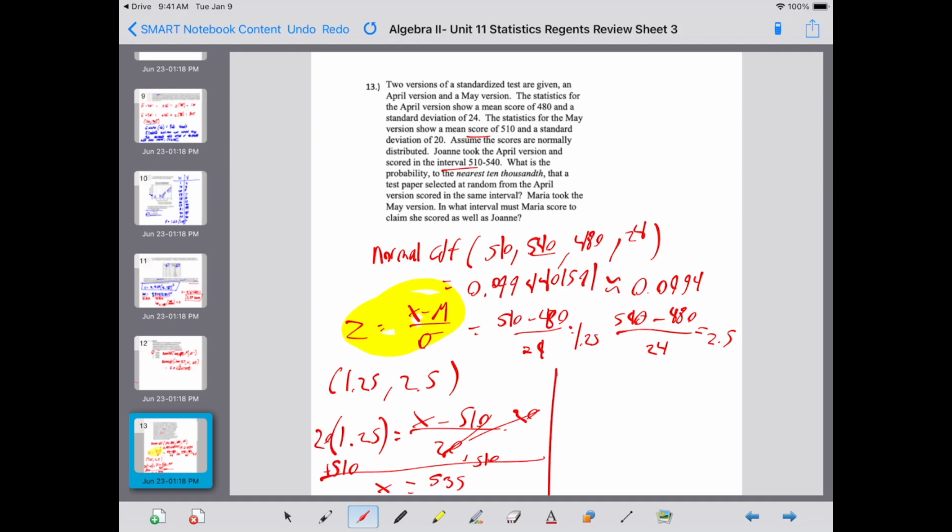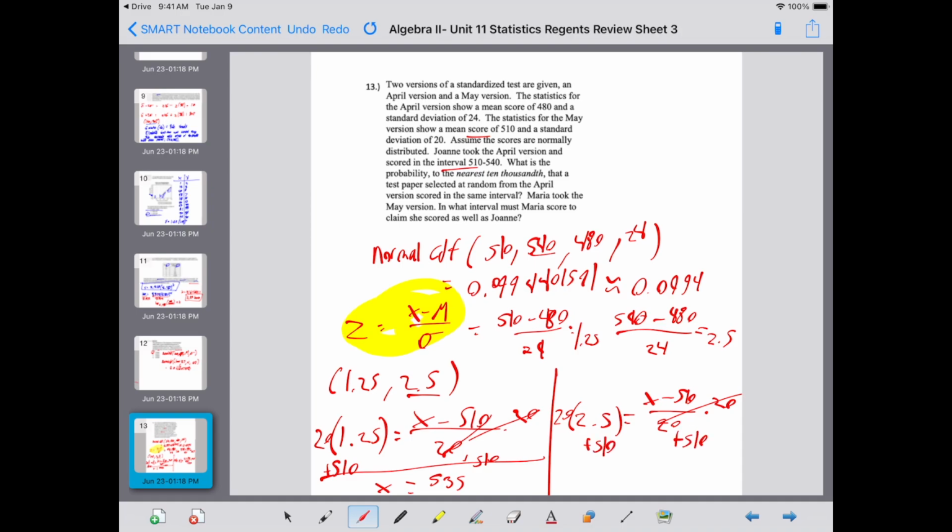We're going to do the same thing for 2.5 standard deviations. So 2.5 equals x minus 510 over 20, multiplied by 20. Just making sure we're using the right one.